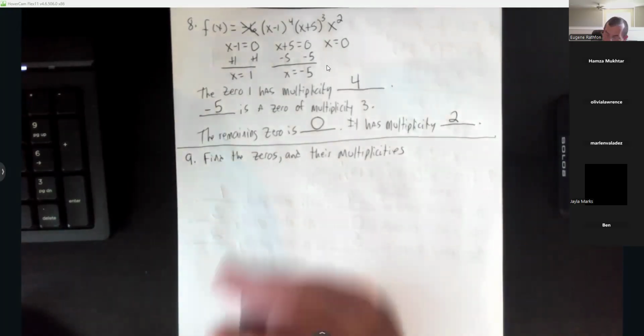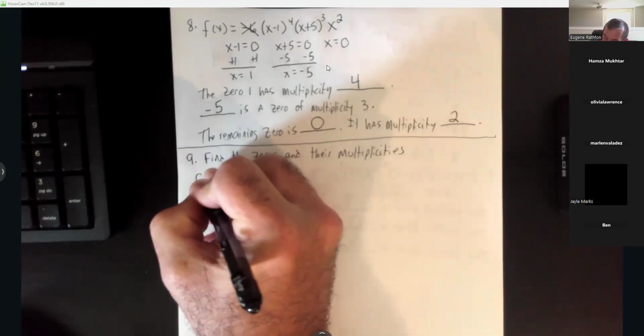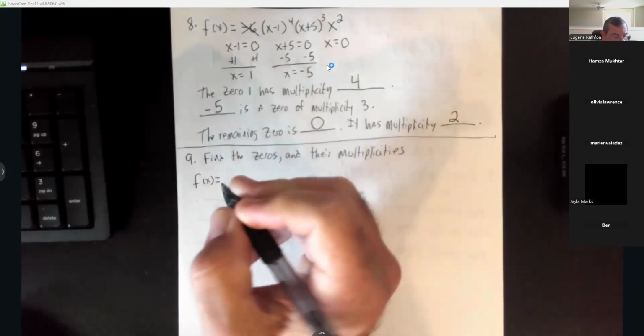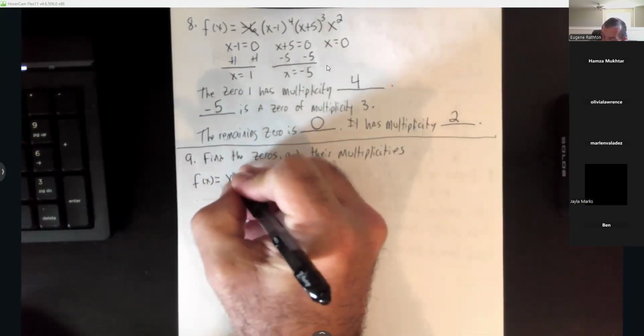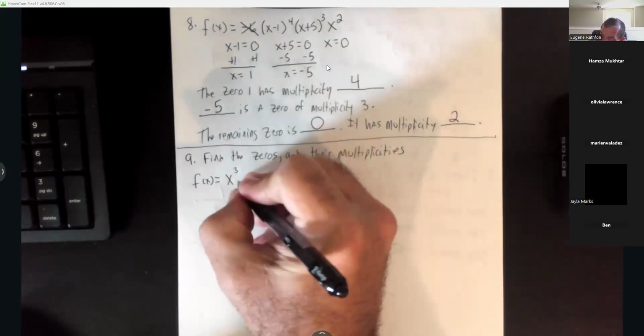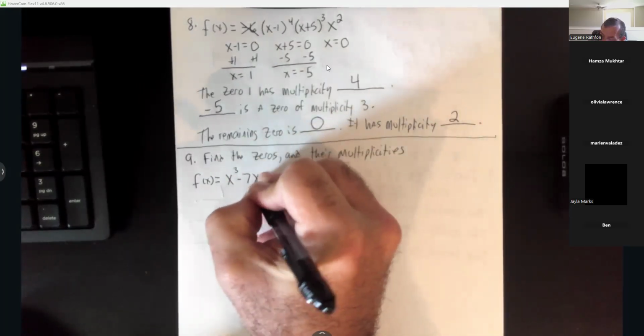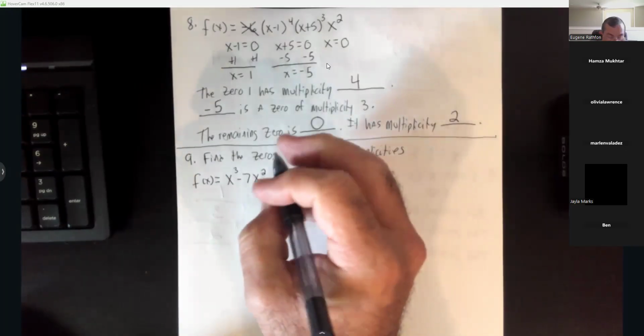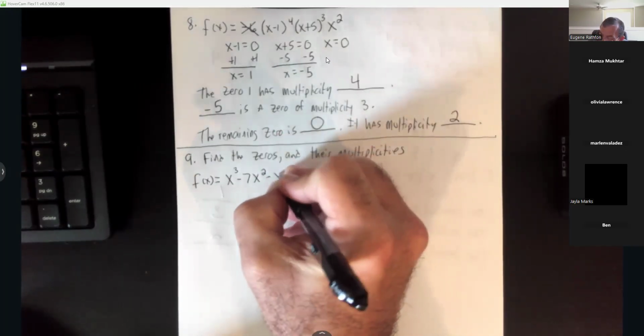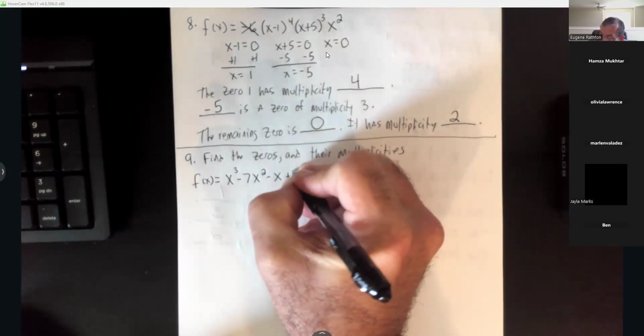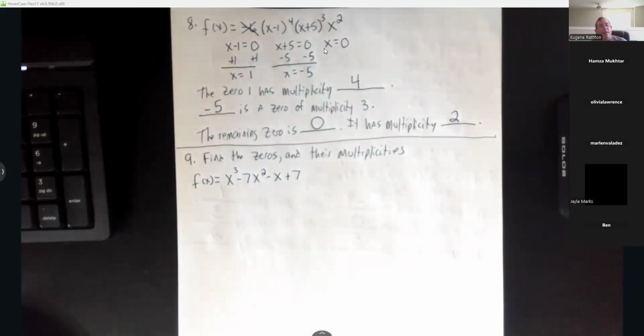Alrighty. So when you hit number 9, they're going to give you something like this. F of x equals x cubed minus 7x squared minus x plus 7.